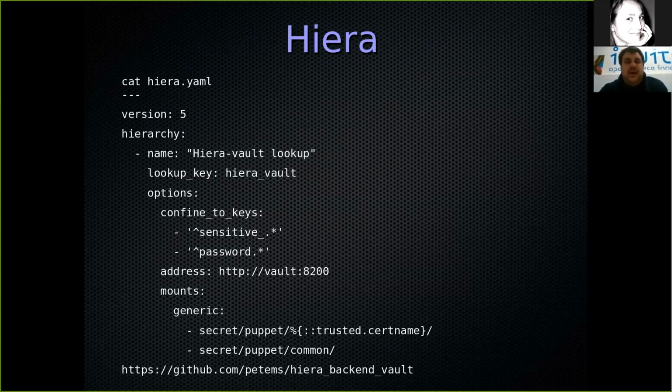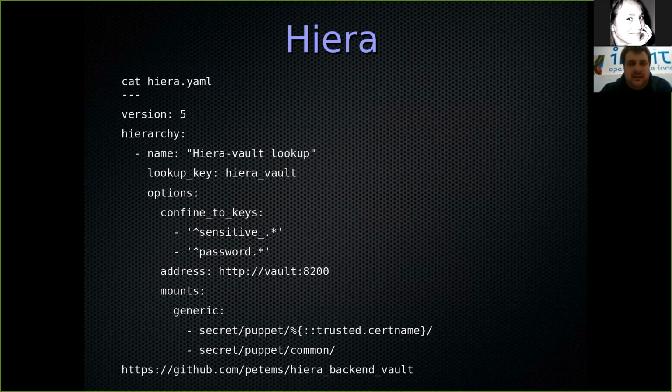Vault can then be used as a Hiera backend, similar to what we're used to, like the JSON or the YAML backend. And a nice feature in Puppet 5 is that we can narrow down when Hiera goes into Vault and tries to work out if the password is available.